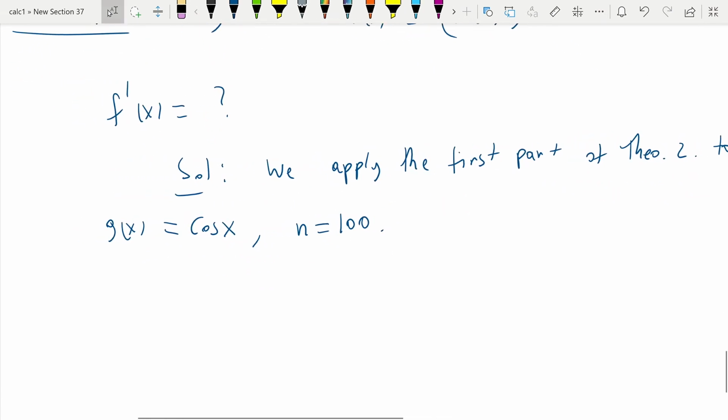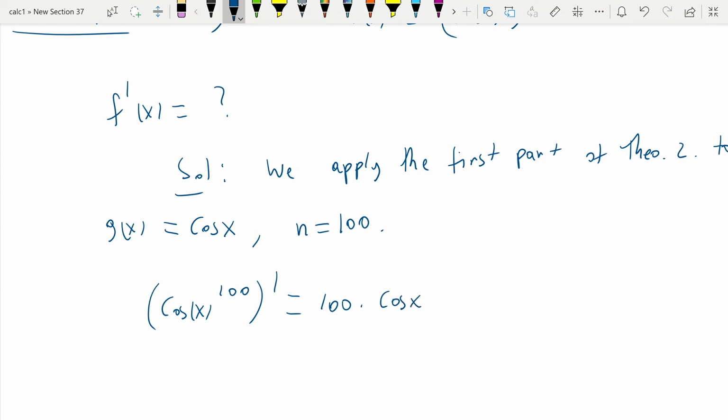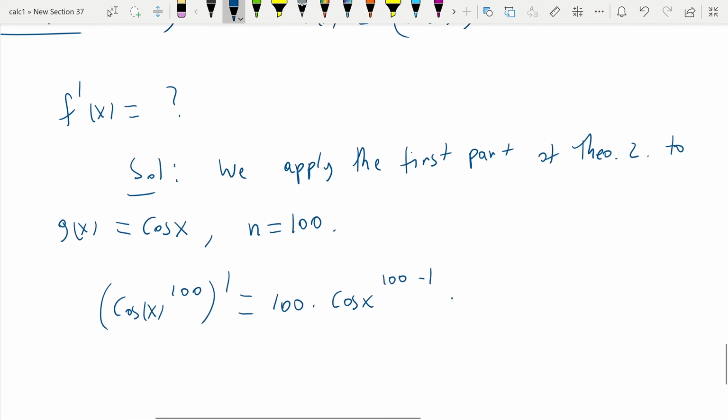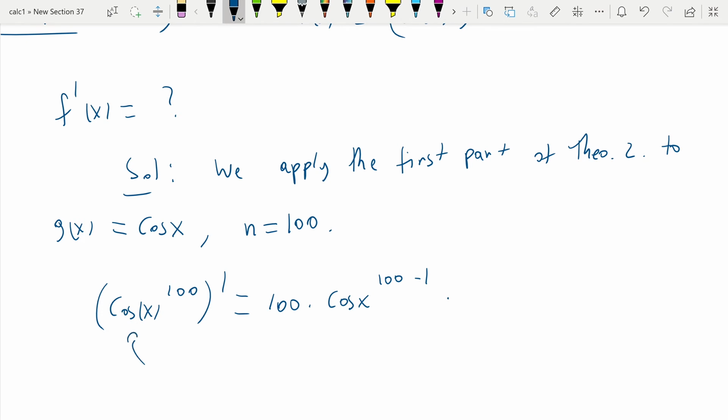Okay, so according to the rule, what is cosine of x to the 100, prime? This is n, or 100 in this case, times cosine of x to the 100 minus 1. This is what the rule says: n minus 1, times the derivative of g of x.